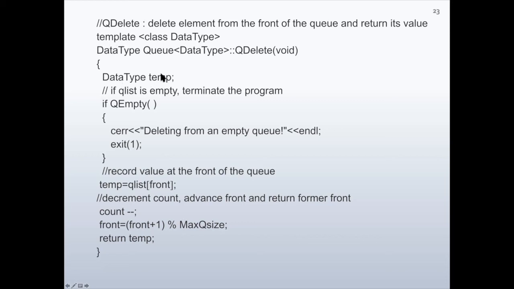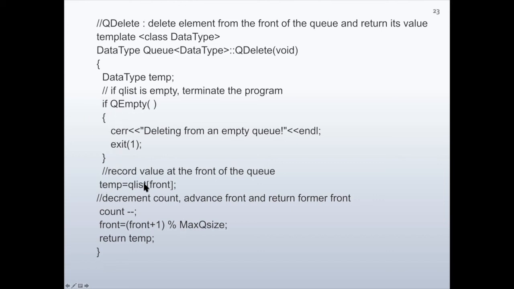We are defining a temporary variable of data type and we are checking if the queue is empty. If the queue is empty, in that case, we are sending a message to the error device, deleting from an empty queue, and in the next line we exit the code. If it is not empty, we continue.